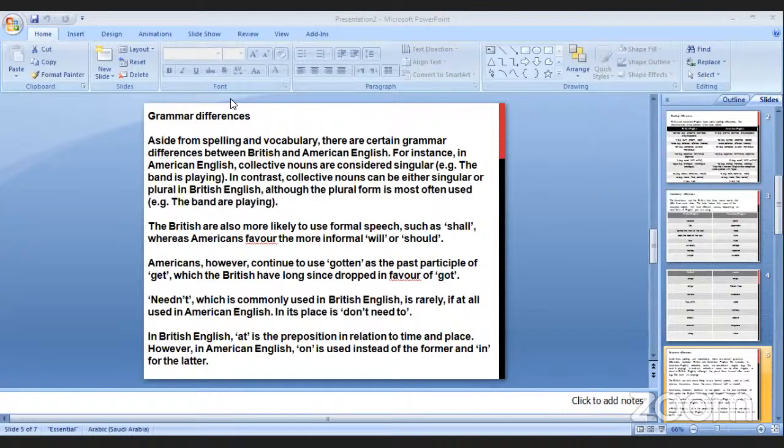Needn't, which is commonly used in British English, is rarely, if at all, used in American English. In its place, don't need to. In British English, at is the preposition in relation to time and place. However, in American English, on is used instead of the former and in for the latter.